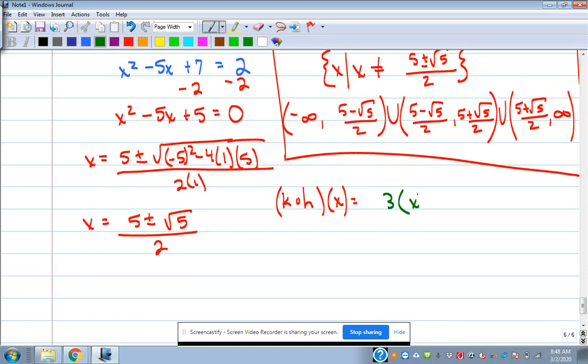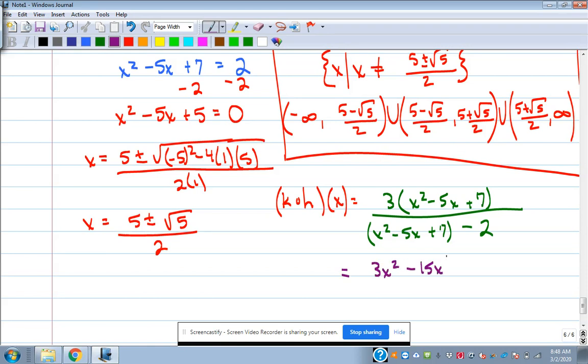3 parentheses x squared minus 5x plus 7 over x squared minus 5x plus 7 minus 2 is the denominator. Simplify that a little bit. Not a hard step. 3x squared minus 15x plus 21 over x squared minus 5x plus 5.